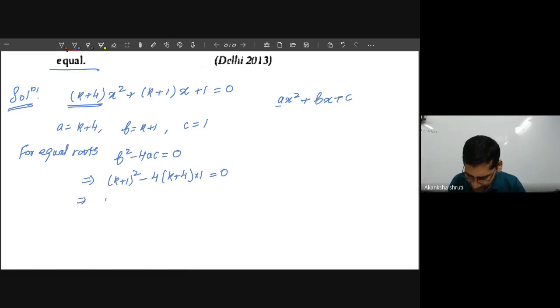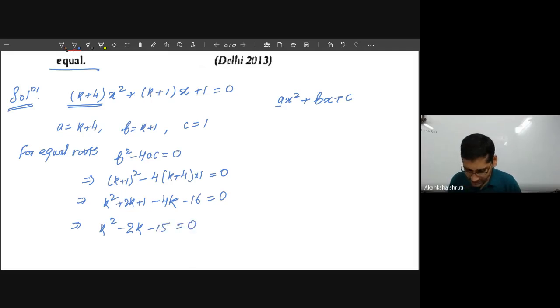Go for simplifying this. k² + 2k + 1 − 4k, then minus 16, because in between there is a plus sign, equals 0. k² and 2k − 4k is −2k, then 1 and −16 will give us −15 = 0.